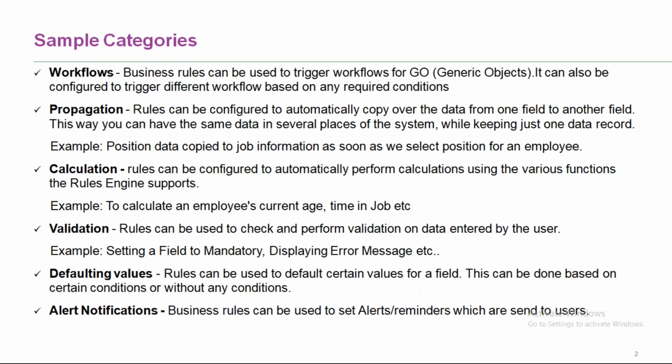But now based on some conditions, let's say you have a field called married since. I want this married since to be mandatory only if the employee selects the marital status as married. If the marital status is single, I don't want the married since field to be mandatory. It should be optional. The user should be able to save the record without filling the married since.